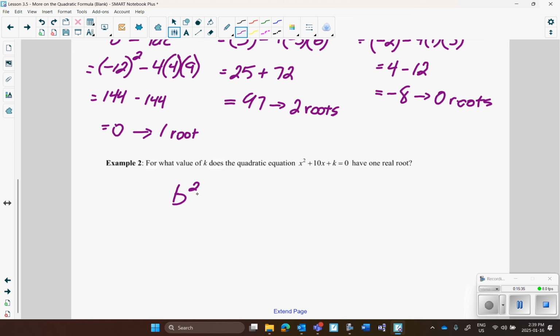What does the discriminant equal when there's one real root? What does the discriminant equal when there's one answer, one solution? 0.